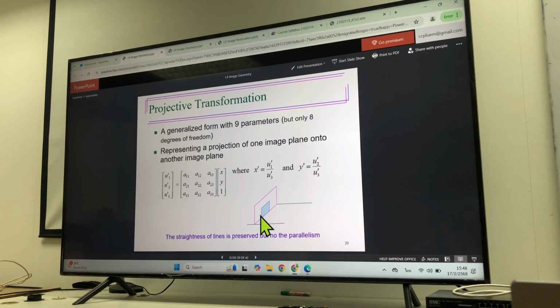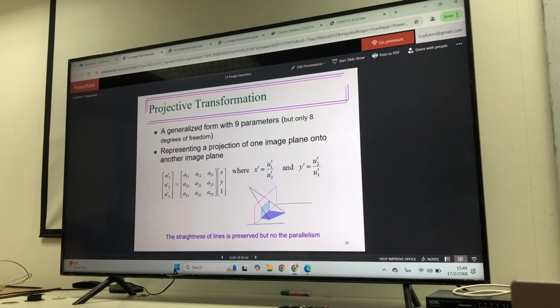The projective transformation looks like this. Suppose you have a rectangle and you project it onto another plane. The rectangle becomes a quadrilateral, meaning any shape with 4 straight sides.